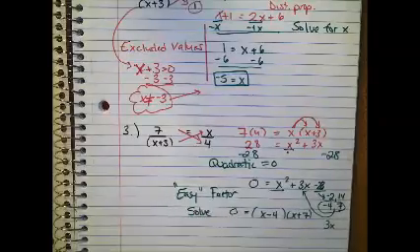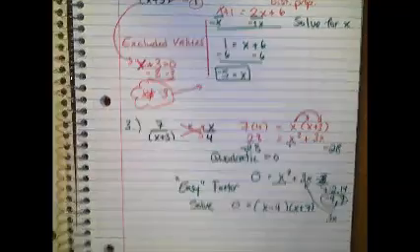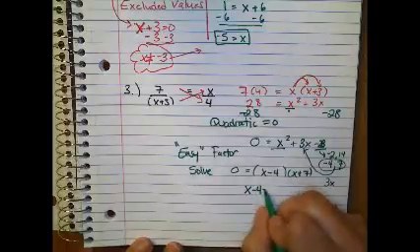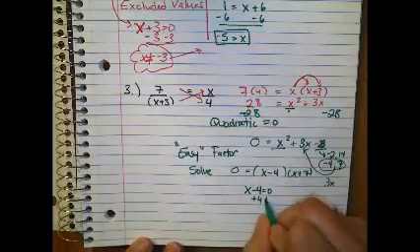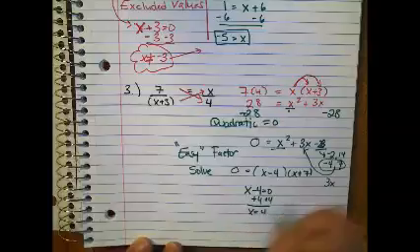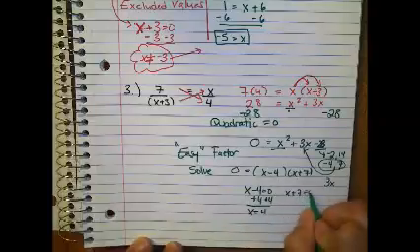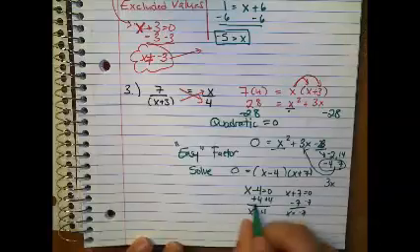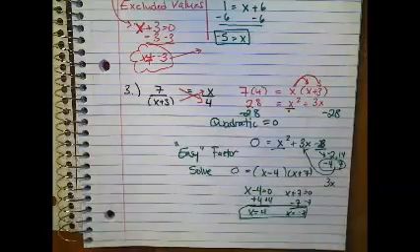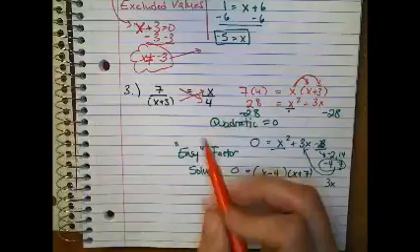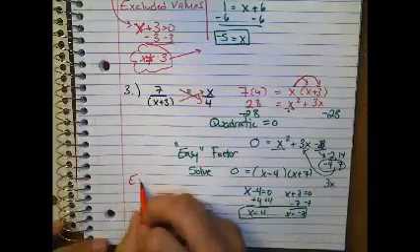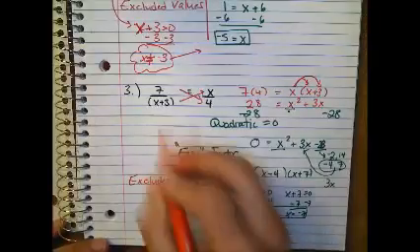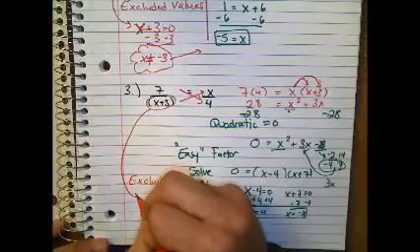So I'm just going to take each set of this binomial and set it equal to 0. So x minus 4 equals 0, x equals 4, x plus 7 equals 0, and x equals negative 7. Okay, so I have two values. Now I have to go back up and check my excluded values. And again, the excluded values come from the denominator set equal to 0.